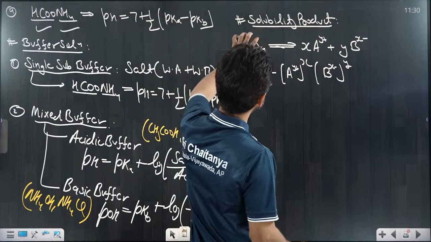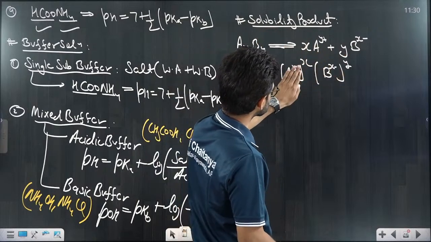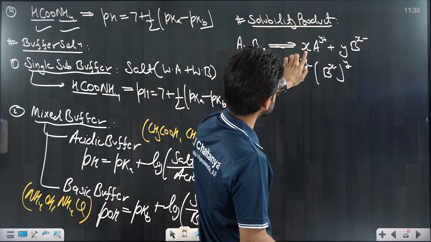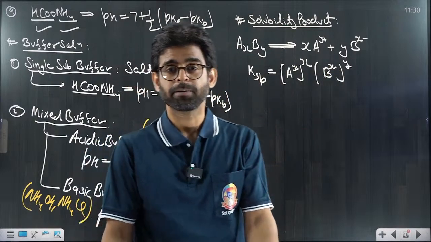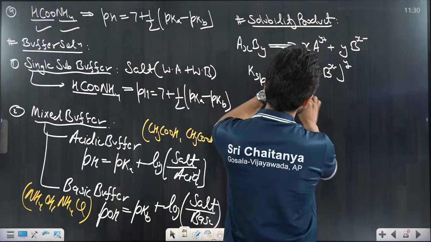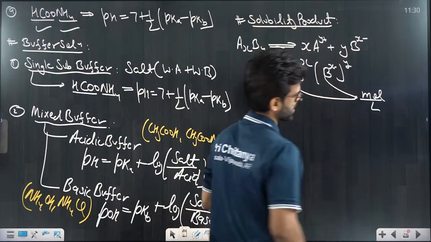When you dissolve a sparingly soluble salt in water, ions will come, then the ion concentrations with the stoichiometric coefficient as the power. This is your Ksp. And S here is the concentration of ions in mole per liter.